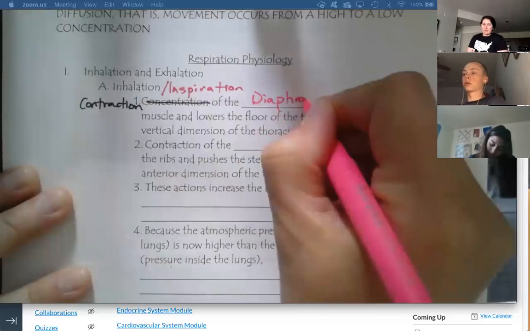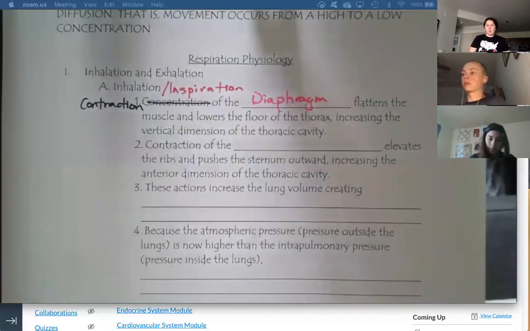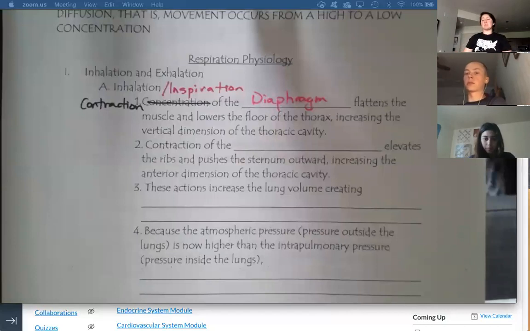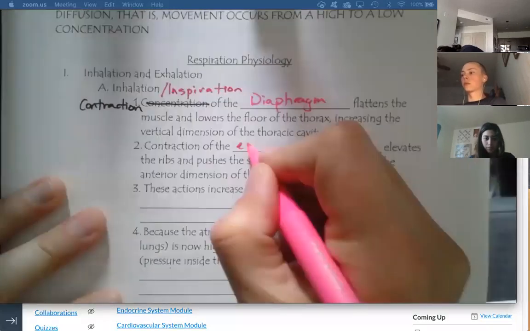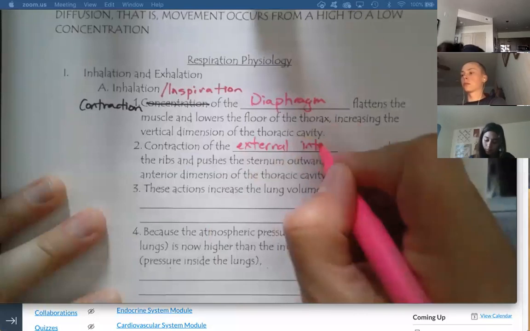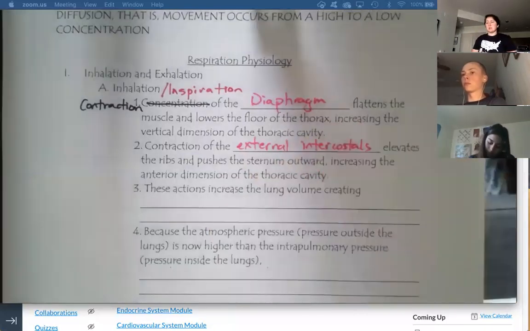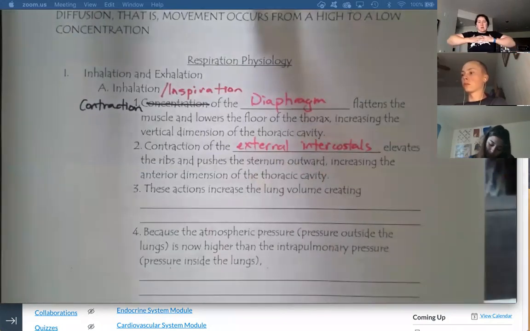As that happens, the diaphragm contracts and flattens out, and it's making the thoracic cavity longer. So it's lowering the floor of the thoracic cavity, which is increasing the vertical dimension of the thoracic cavity. The next thing that happens is that the external intercostals are going to contract, and they're going to elevate your ribs up and out.